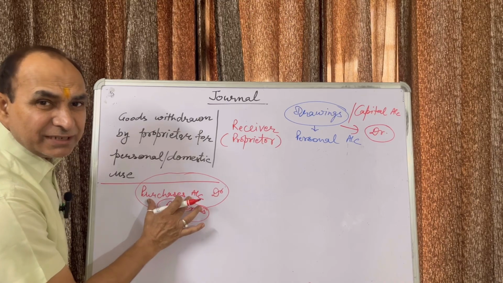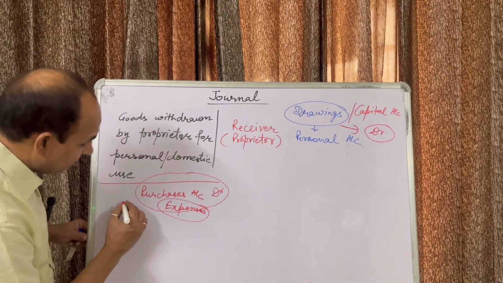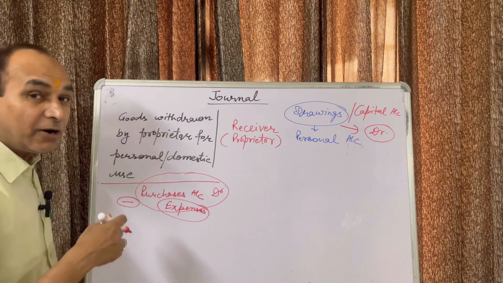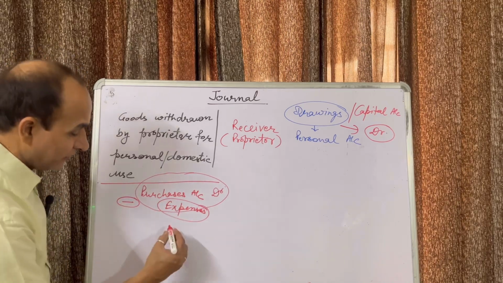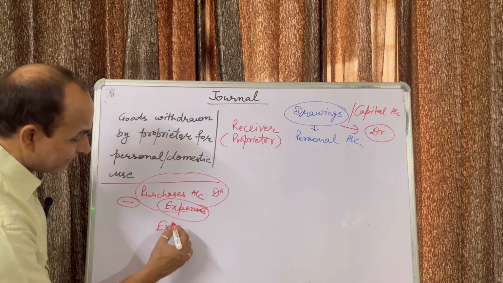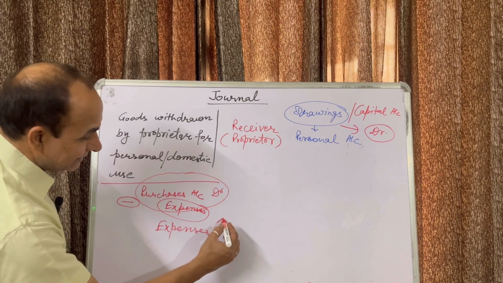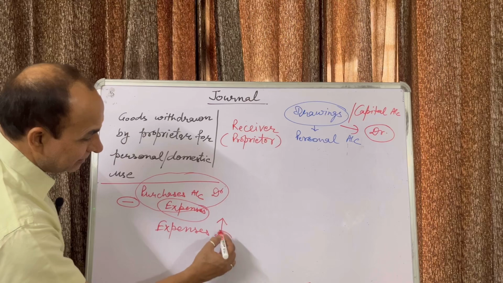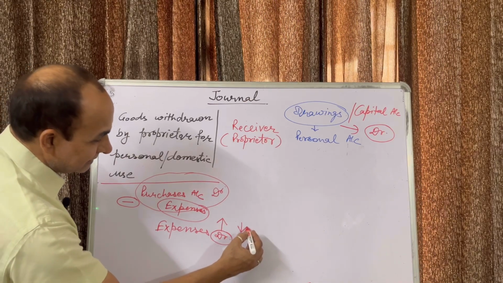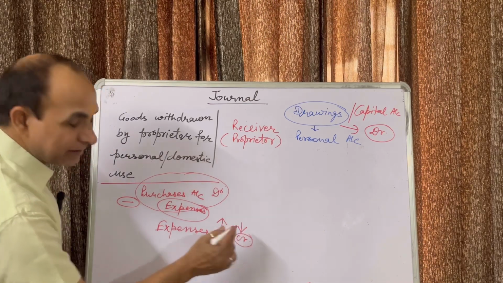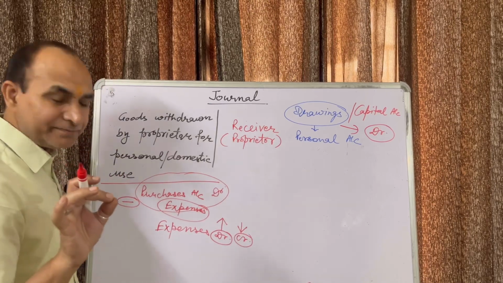It means the value of such goods must be deducted from this account. How to deduct? Remember one thing. What is the rule applicable to expenses? Whenever expenses increase, these are debited. Whenever expenses decrease, these are credited.